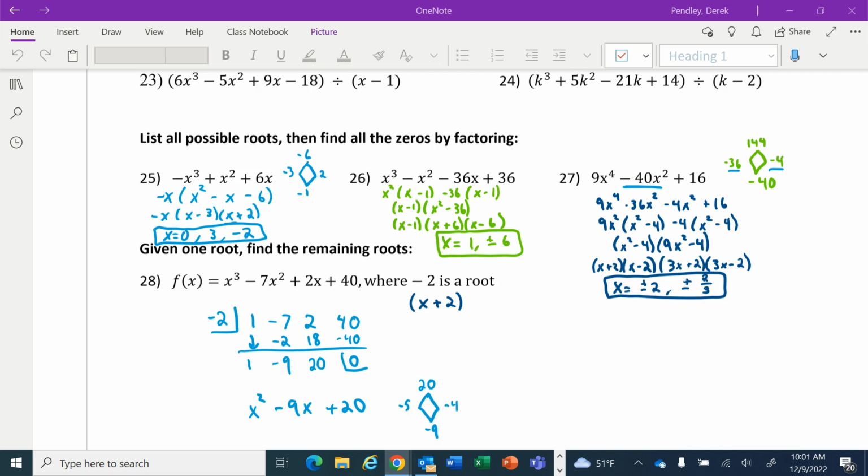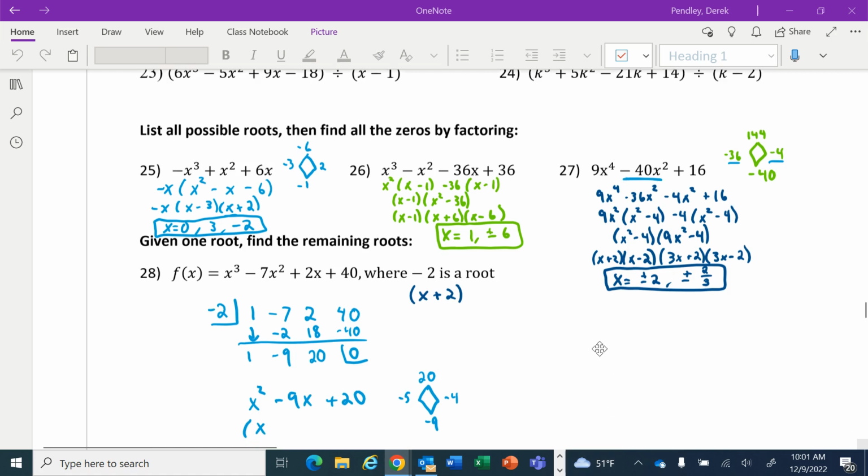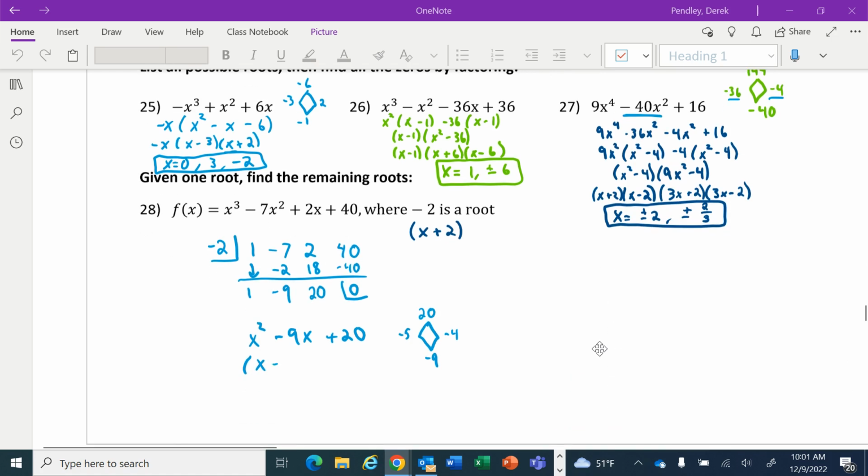So the factors here are x minus 5 times x minus 4, which, if we look at solving those, because those are two more factors, I can find the two more roots from it. So then x is equal to 5 and 4. So we have three roots: negative 2, 4, and 5.